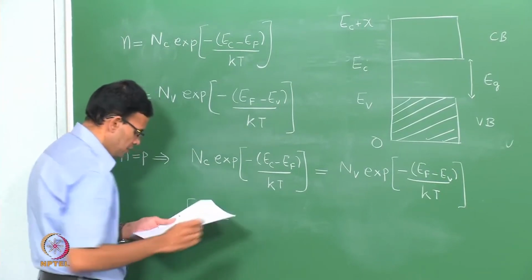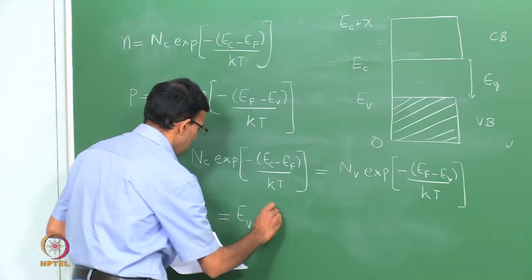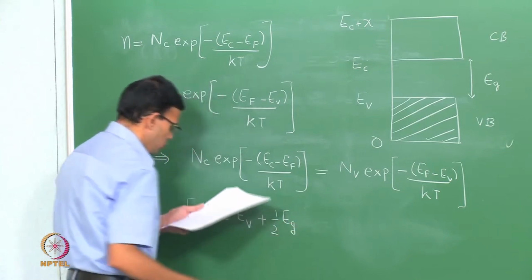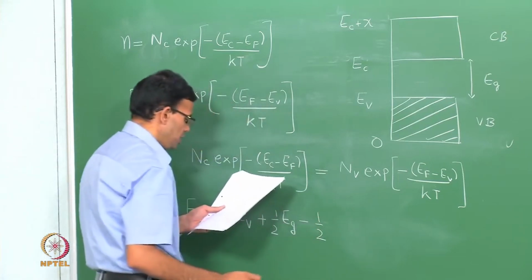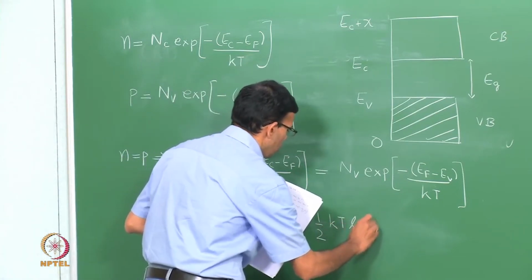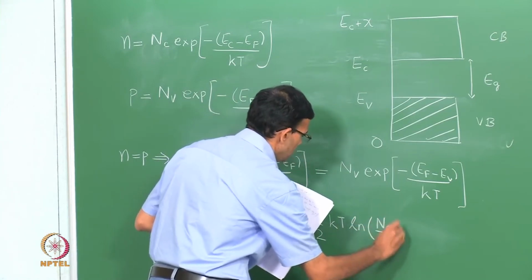So, EF is EV plus EG over 2 minus 1/2 kT ln of NC over NV.